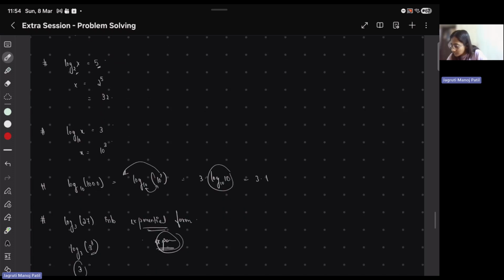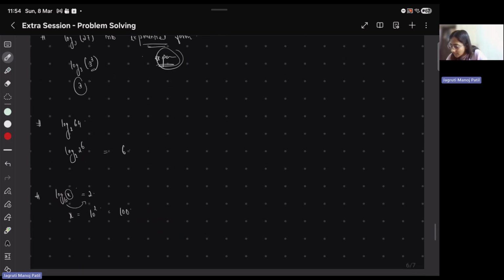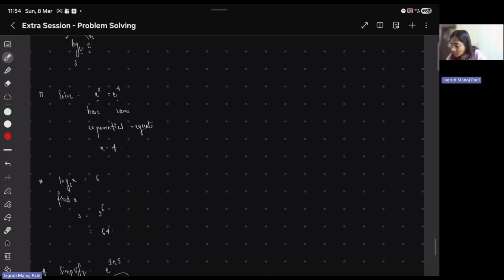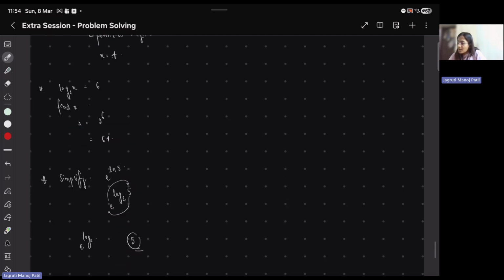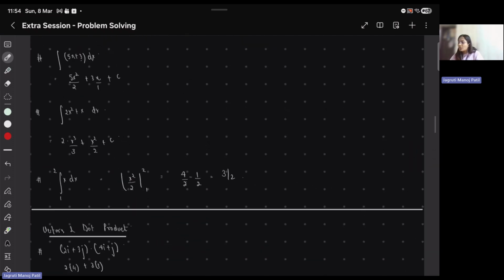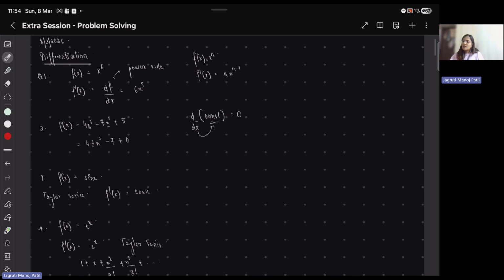Almost all properties were covered. I wanted to add Taylor series, but it's fine. For Taylor series and Maclaurin series, you know the formulas for them. If not, go into week 2, where we have solved them. For log also in week 2, I've added brief notes in the lecture slides folder, so you can have a look at that.